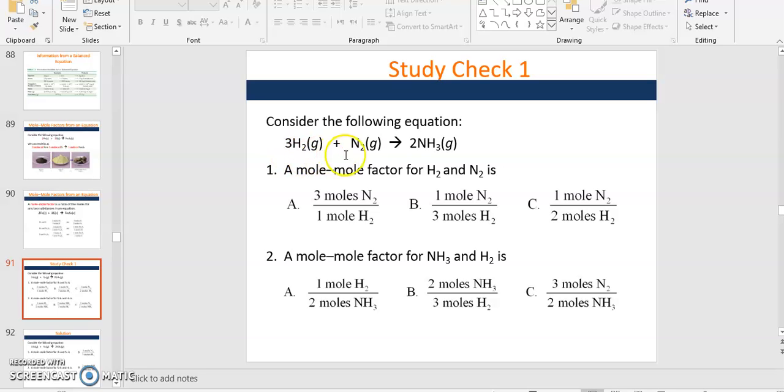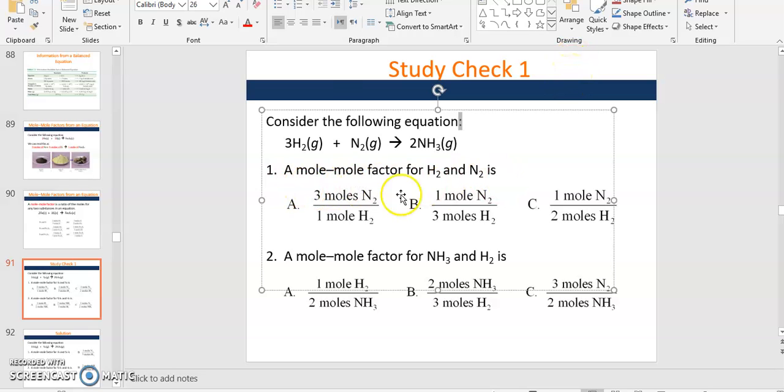Here you can see that this is an equation. You can say that 3 moles of hydrogen equal 2 moles of NH3. Or you can say 3 moles of hydrogen is equal to 1 mole of nitrogen. Or you can say 1 mole of nitrogen is equal to 2 moles of NH3. So if we're trying to figure out the answer for this one, it's between the hydrogen and the nitrogen.